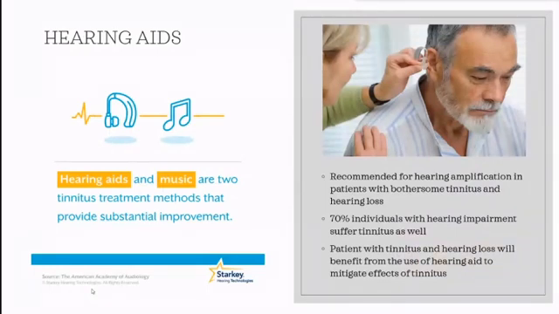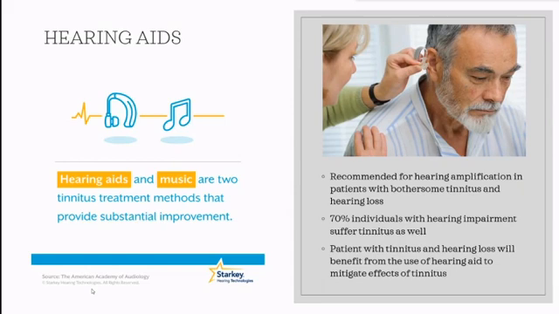Because tinnitus is most commonly due to hearing loss, we will inform the patient that hearing amplification by means of a hearing aid might be able to help with their tinnitus.